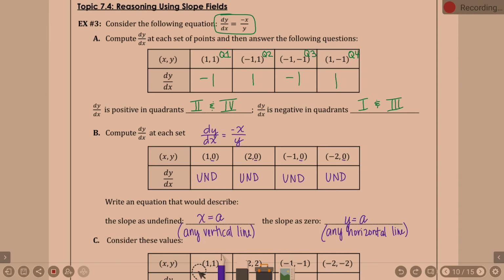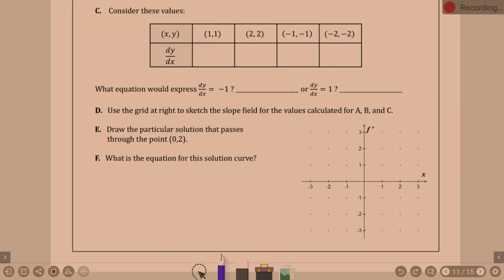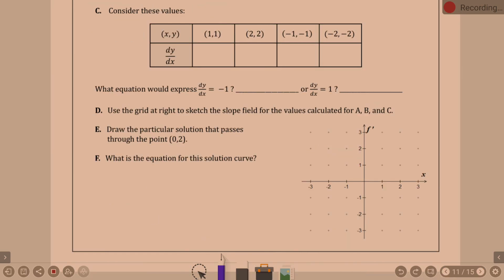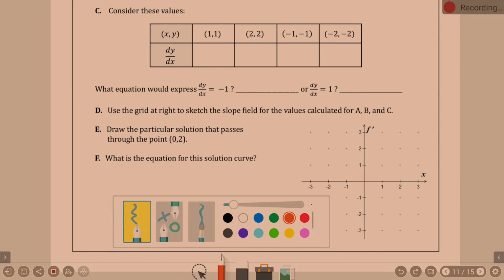Okay, next set. Consider these values. Again, we're using dy/dx equals negative x over y, right?